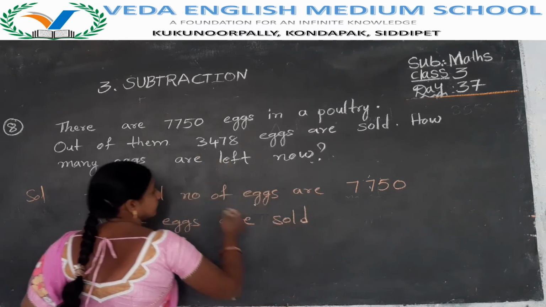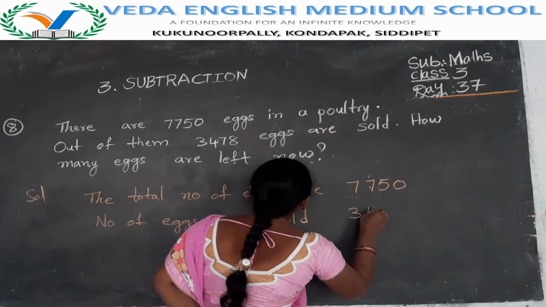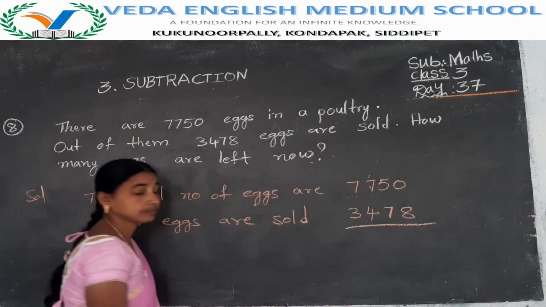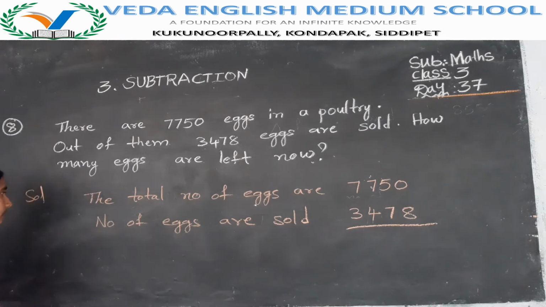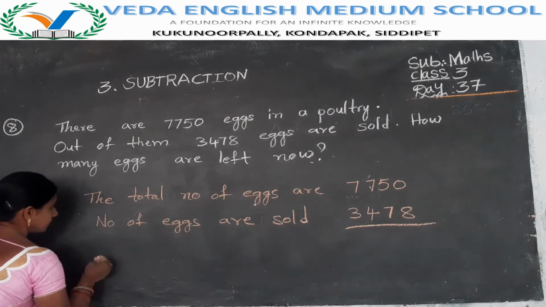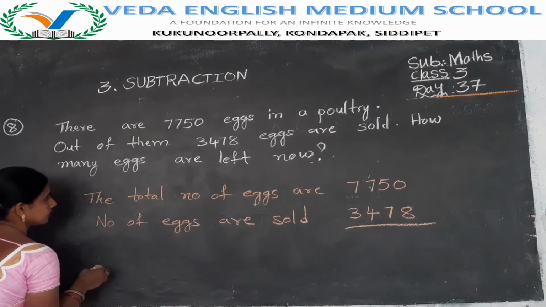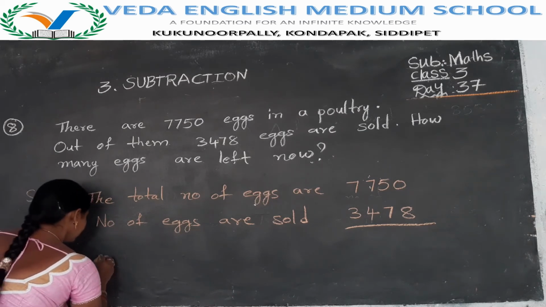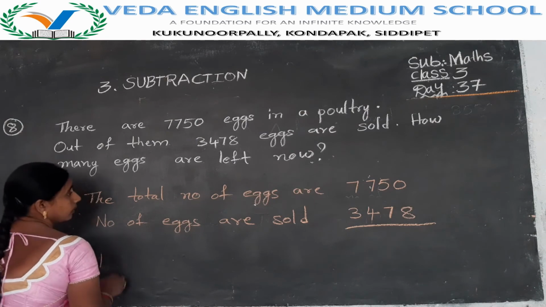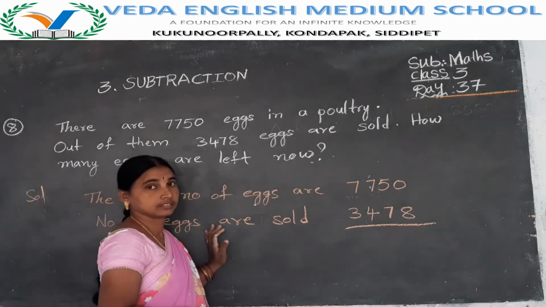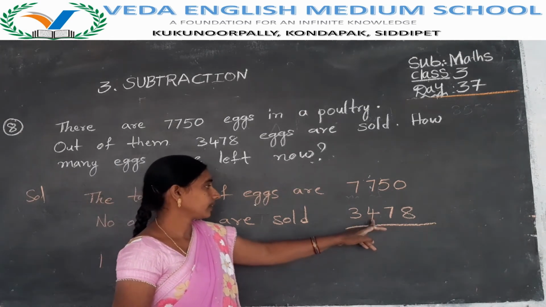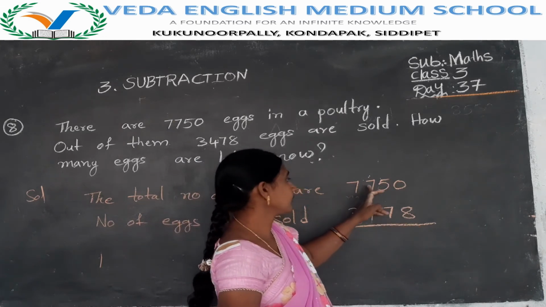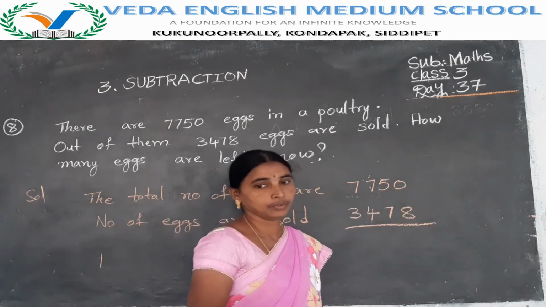How many? 3,478. Now subtract 3,478 from 7,750. Okay?